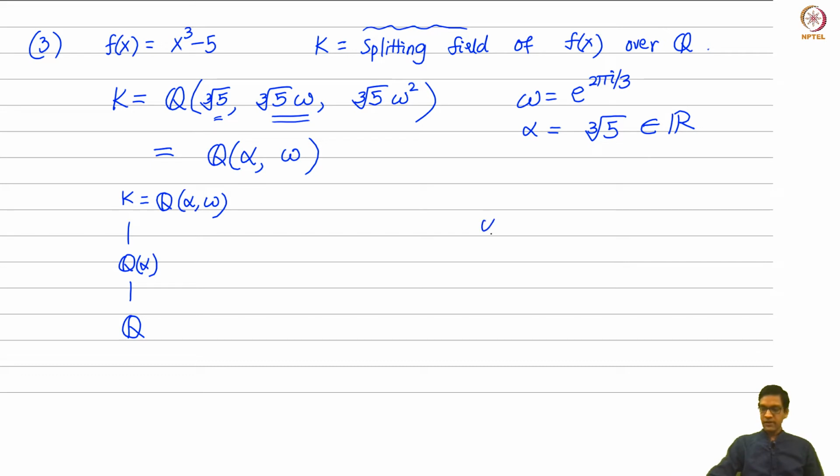Observe, alpha is a root of the polynomial x cubed minus 5, and in fact we know that this polynomial is irreducible over Q, for example, by using the Eisenstein criterion.